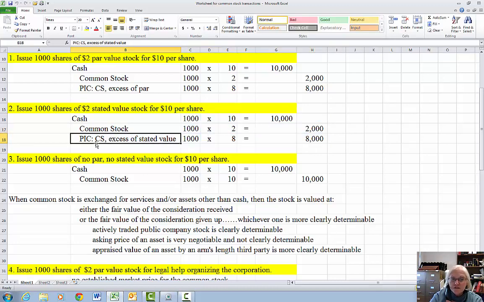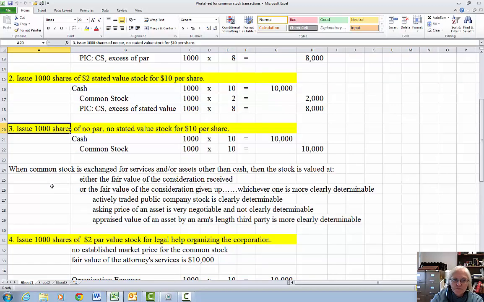The only thing that's different is in the paid-in capital account, it states that it is in excess of stated value. If you have software for your homework, I think it's very important that you make a distinction about when you're using a par value or when you're using a no par but a stated value, because that's going to make a difference in drop-down menus and the choices you have.